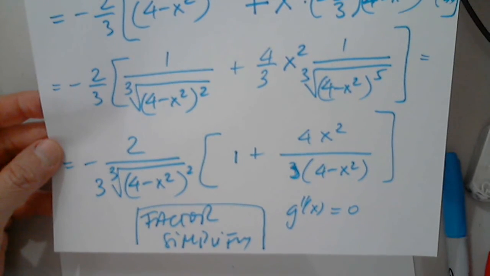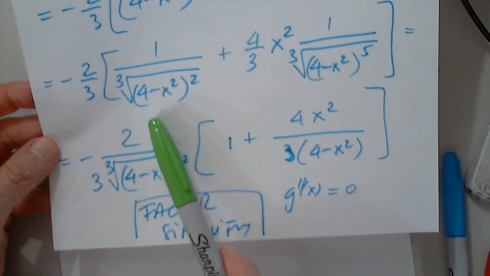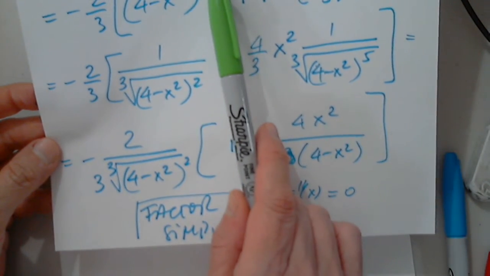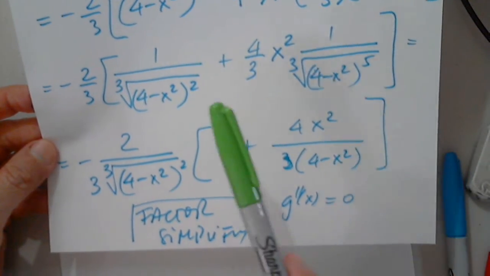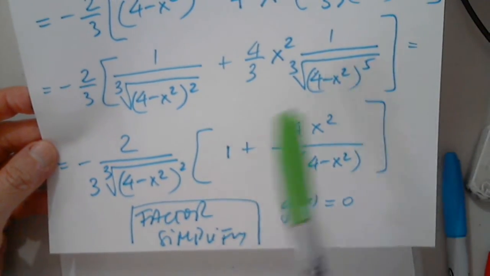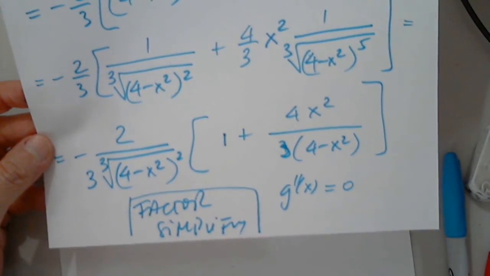Any questions? So I factored out the smallest power. This was power -2 and this was power -5, but I changed them into positive, so now 2 is the smallest versus 5. That's how I factored this out.